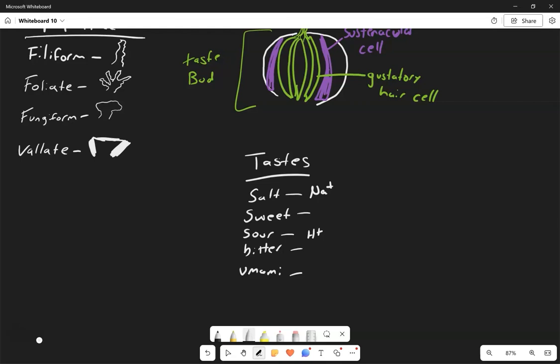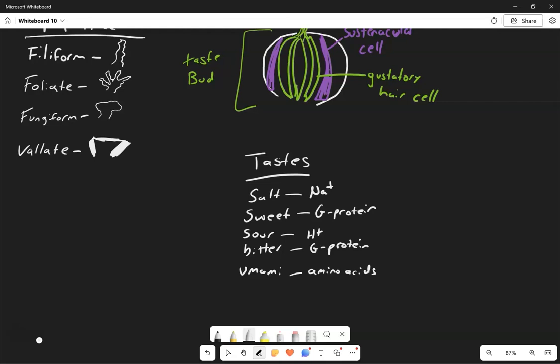The sweet and bitter are a little bit different. They use a G protein linked signal transduction pathway, which we won't go into. And then umami uses the influx of amino acids, and we won't go into that process either. But those are the 5 tastings.